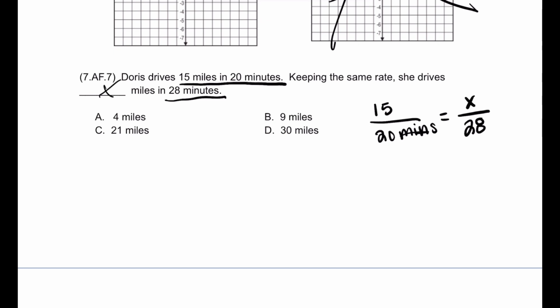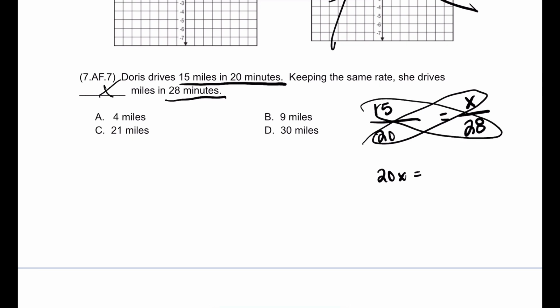Now these labels you don't necessarily have to put on there, but it does help out with the organization. So first off, starting off, we're going to go ahead and start multiplying my X. So I have 20 times X, that gives you 20X. Equals, and now I have 15 times 28, which gives me 420.